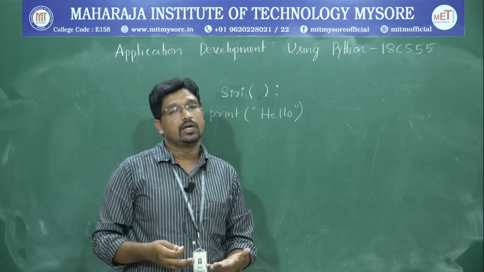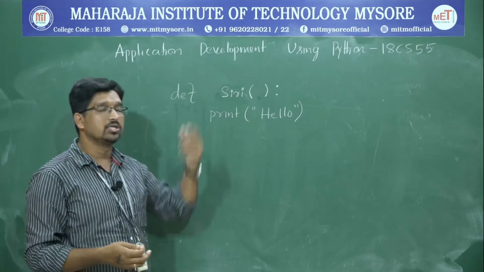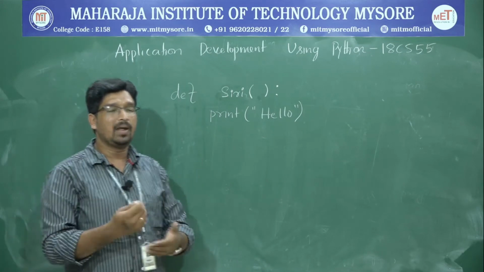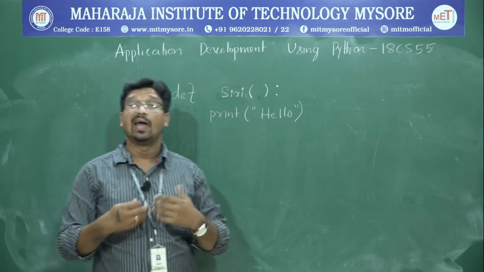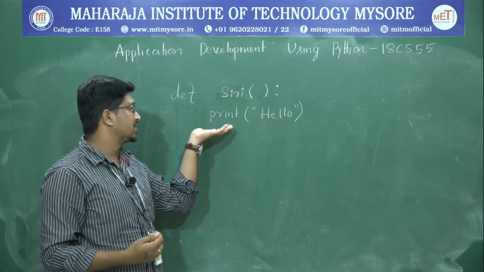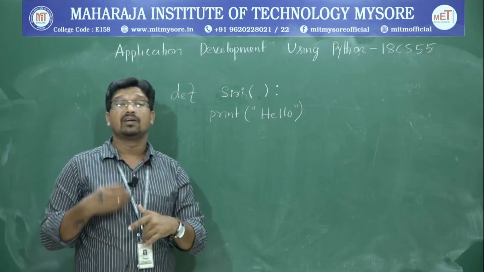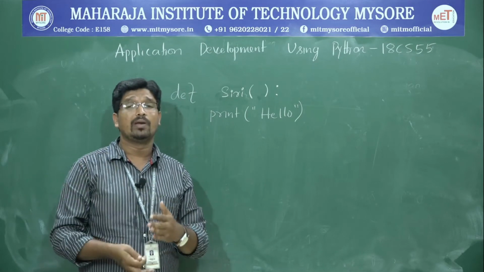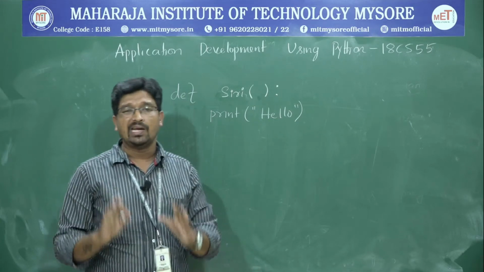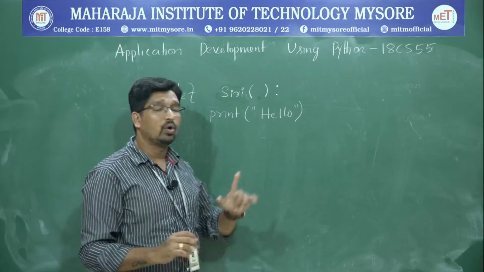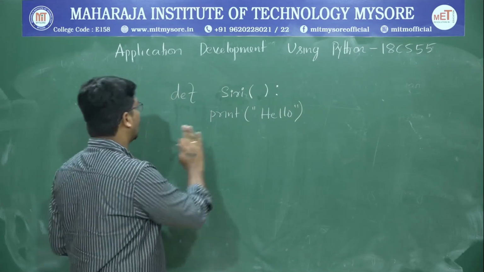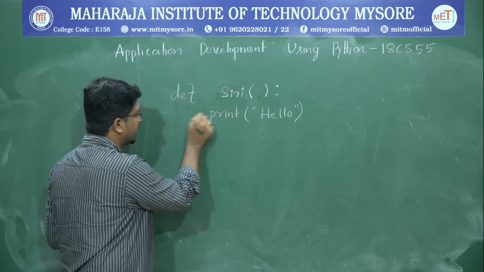When I call Siri, that function should reply to me with the message hello. This is my function body. I have written only one line, but you can write as many lines of code as you want. For my purpose, my task is to print only one line of message, that is the hello message.